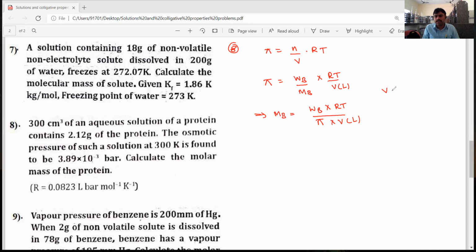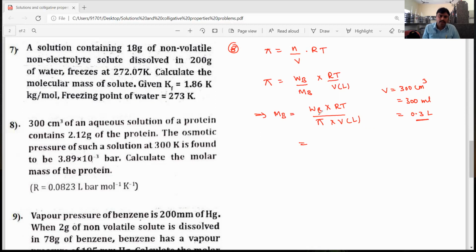So the volume V is 300 centimeter cube, which is nothing but 300 ml. 300 ml is nothing but 0.3 liters. Just substitute in the above formula.